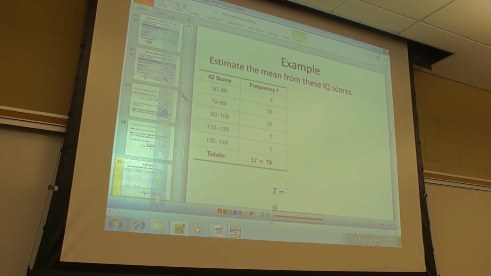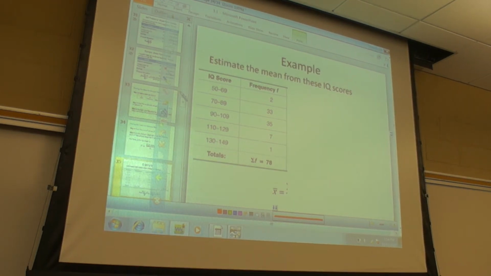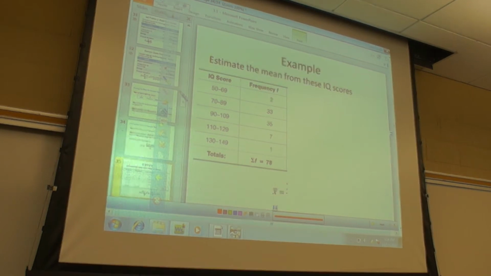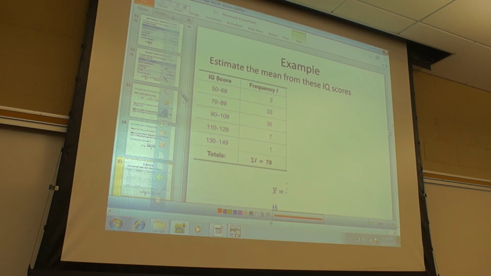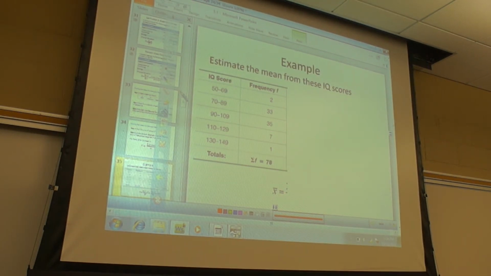So here's the thing. If I pick 50, how big of a mistake might I have made? Yeah, 19. They might be at 69. Do you guys see what I'm saying? If I pick 69, how big of a mistake might I have made? They might be as low as 50, so I might have made a really big mistake there.